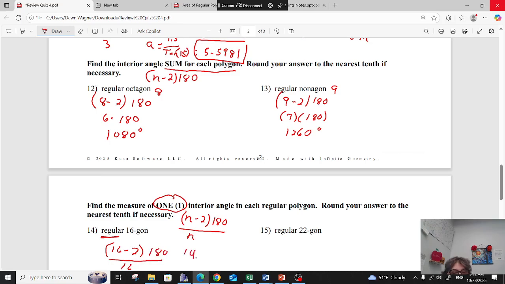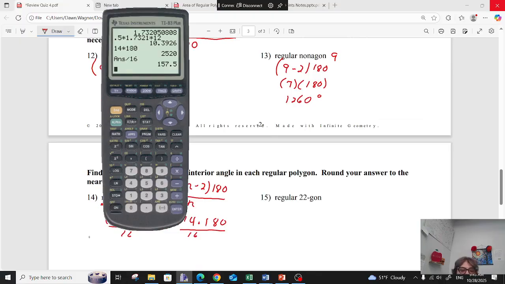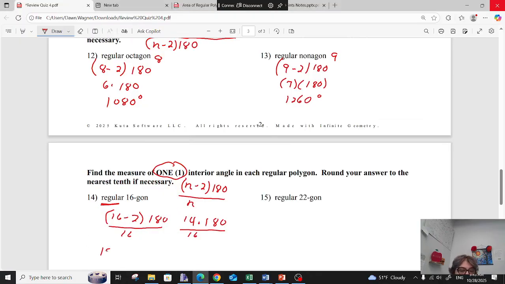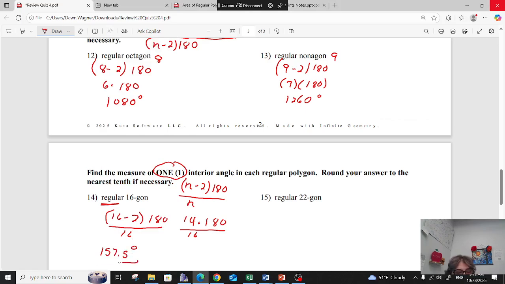So 14 times 180 divided by 16. And that's 157.5 degrees. Right? Was that 5 or was that? Yeah, 5. 5 degrees.